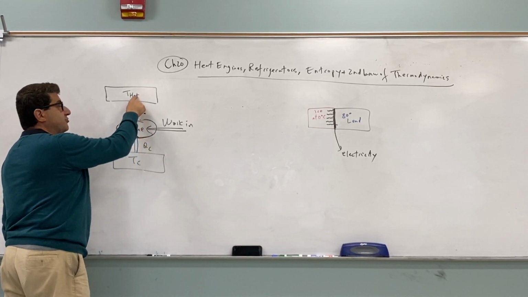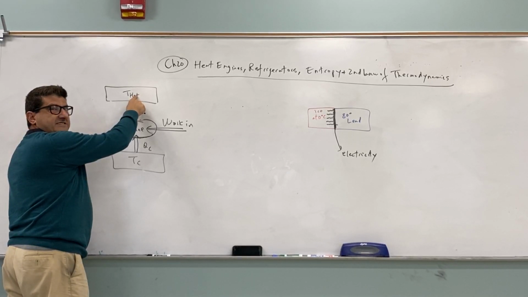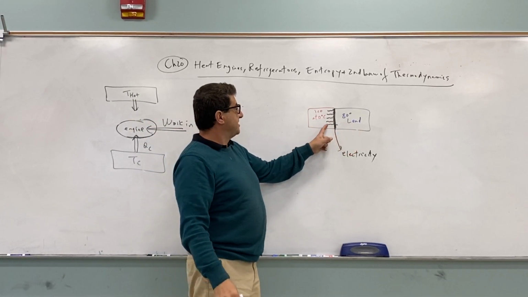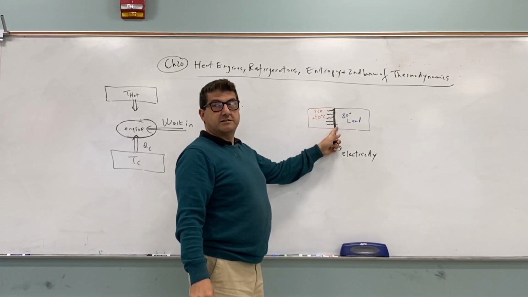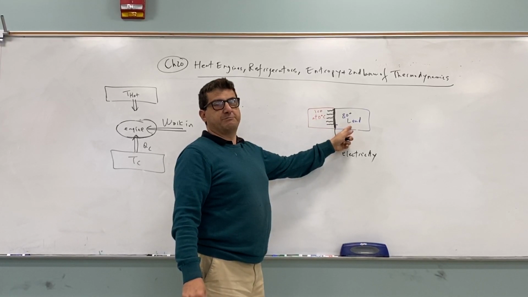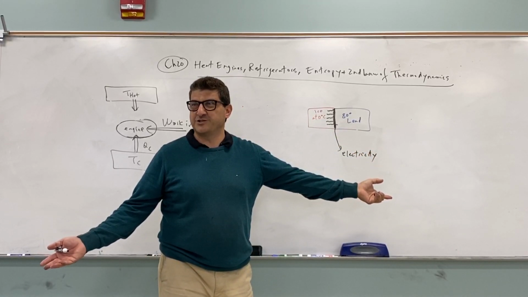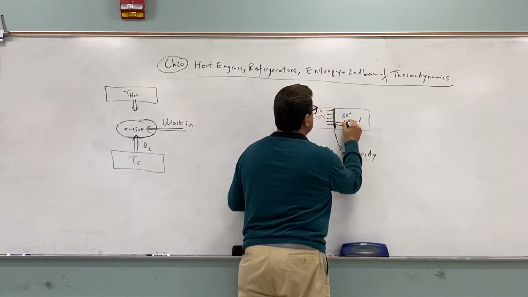But can I do that without dumping heat to the hot reservoir? No. Second law of thermo says you have to put in work, extract some heat, but some of the heat you have to dump into the hot reservoir. Otherwise you'll be 100% efficient. So you have to dump heat to the lead.